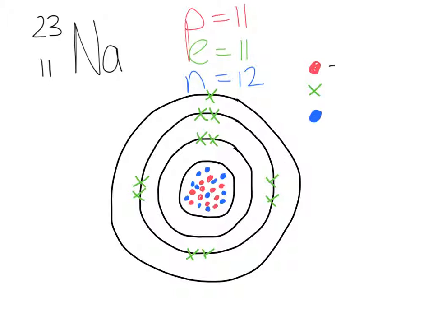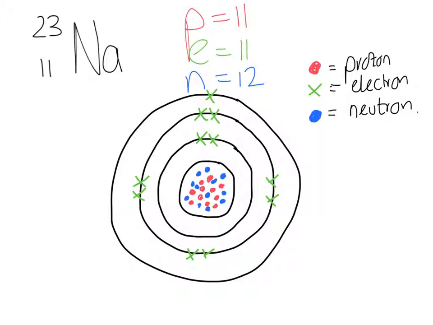So the pink dot we said represents a proton. The green X represents an electron, and the blue dot represents a neutron. And it's really important that you label these so that the examiner knows what you're representing by what circle.